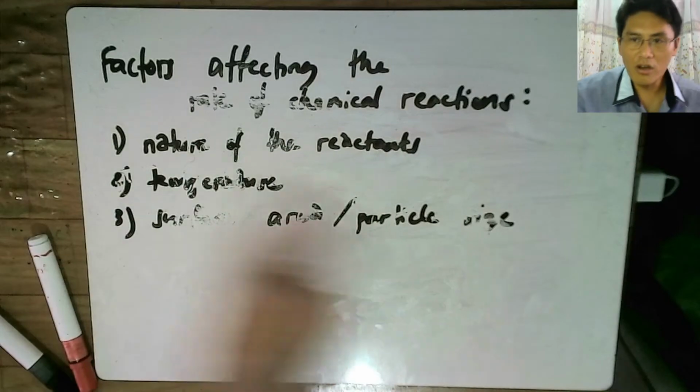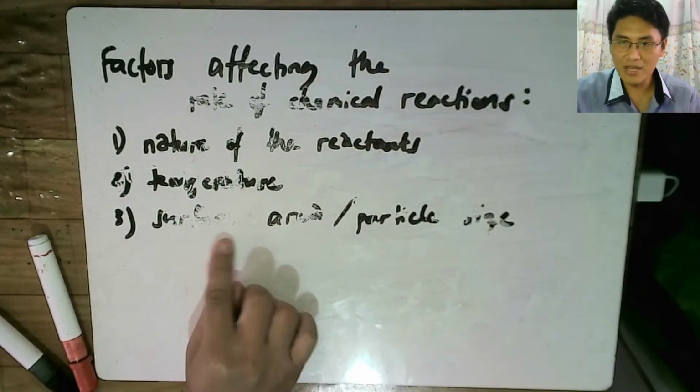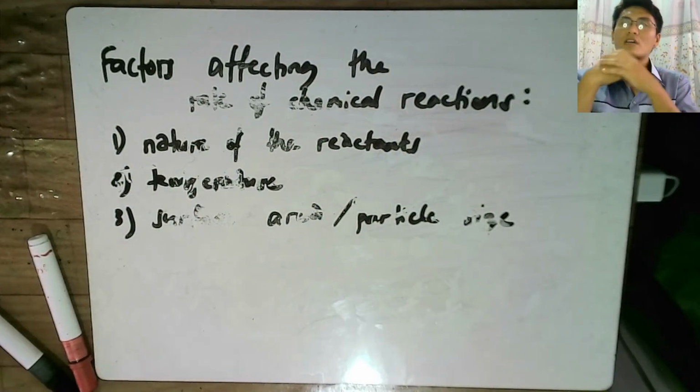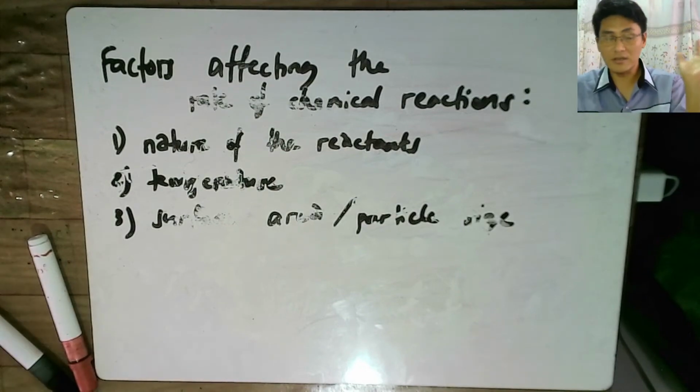So smaller particle size, but surface area is big because a lot of the molecules are exposed to the oxygen. And therefore, when you scatter sawdust like that and then you light fire, it might actually explode.